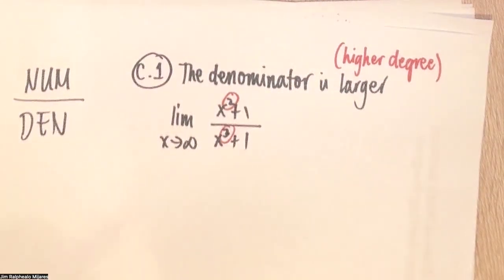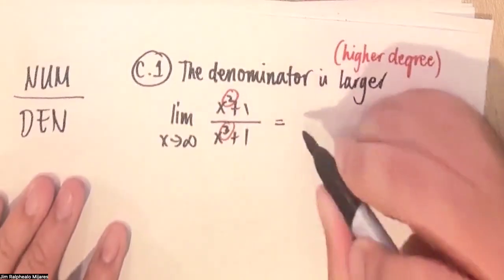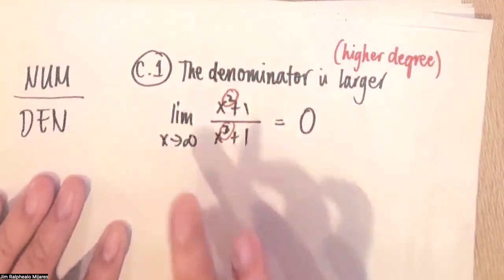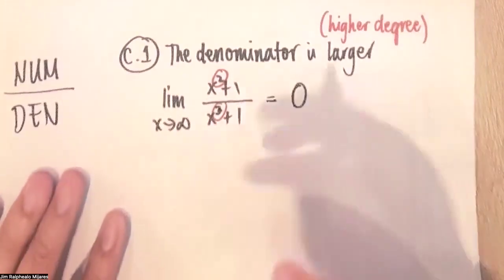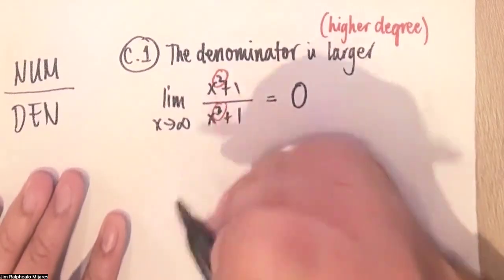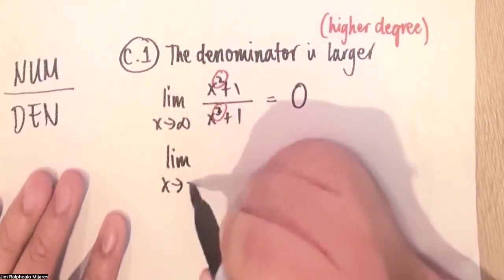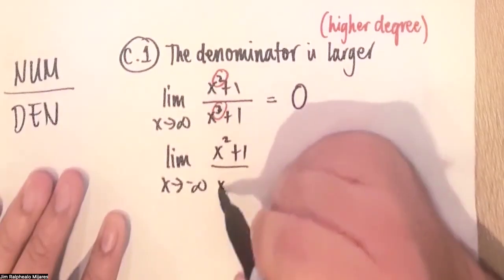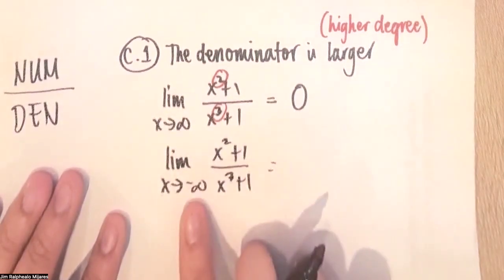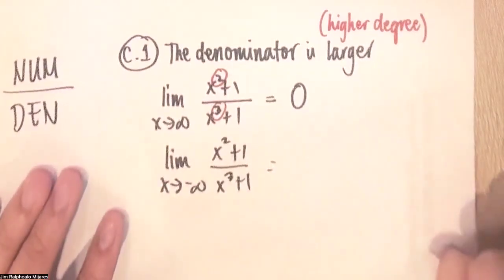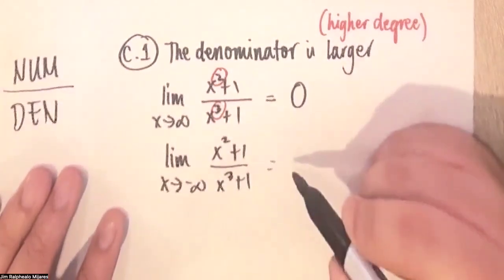Okay? Now, if the denominator is larger, that means the denominator is growing faster, which means that this would be equal to 0. So if the denominator is larger, the limit is always 0. Okay? Regardless of whether it's positive or negative infinity. If I wrote it like this, then it would technically be negative 0, but in any case, it's still 0.